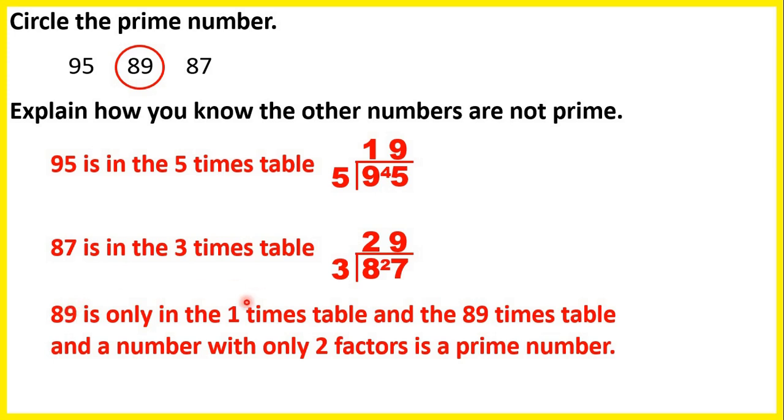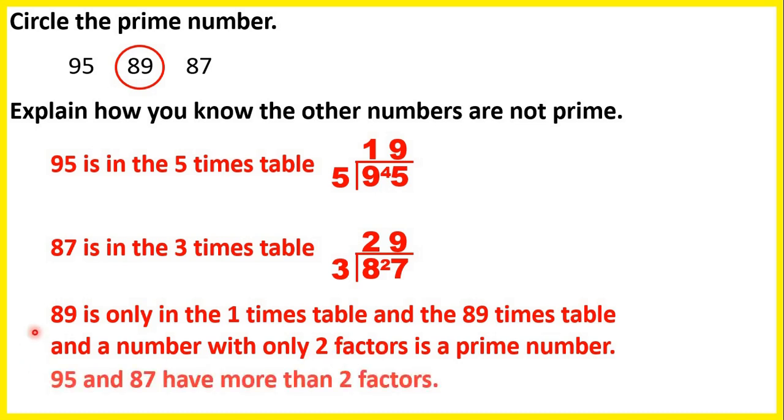So 89 only has the factors 1 and 89, so only 2 factors. Whereas the other numbers, so 95 and 87, have more than 2 factors. 95 is not just in the 1 and 95 times table, but also in the 5 and 19 times table.